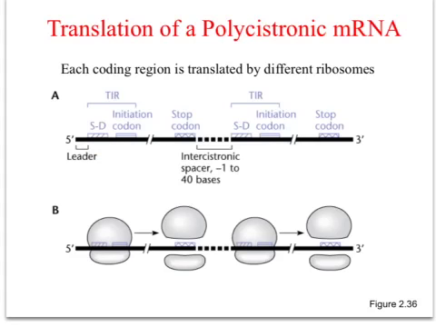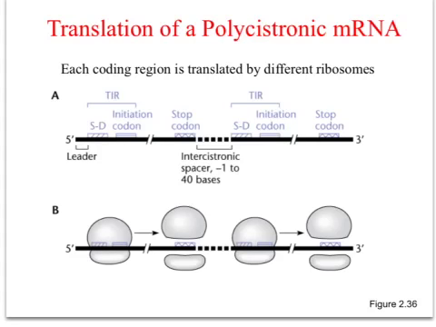I mentioned that in the case of a -1 intercistronic region, you can actually have an overlap between a stop codon and a start codon. In that case, there is no Shine-Dalgarno region because the ribosome starts here, and rather than terminating at the stop codon, it simply shifts by one nucleotide and initiates a new protein right here at this initiation codon.